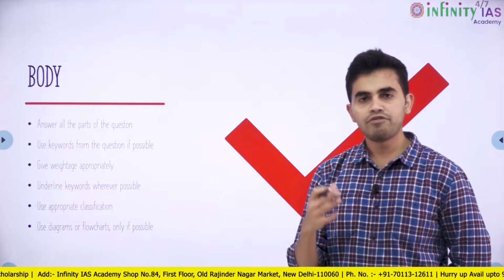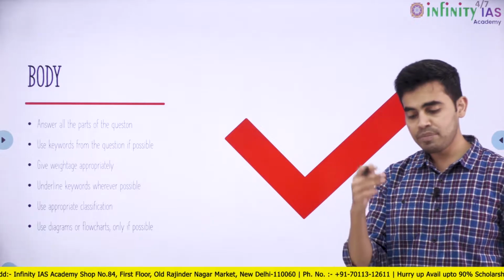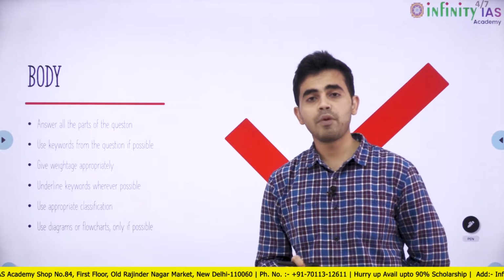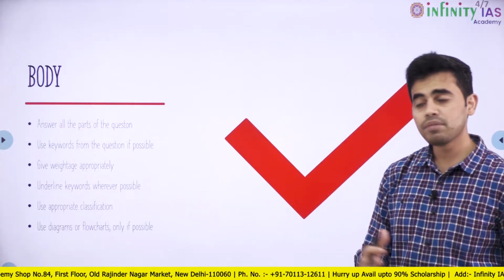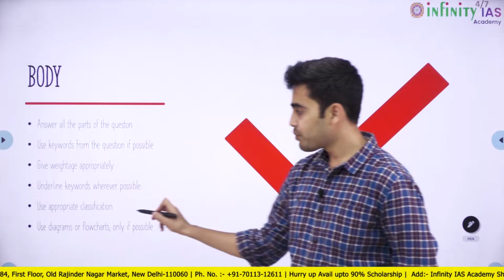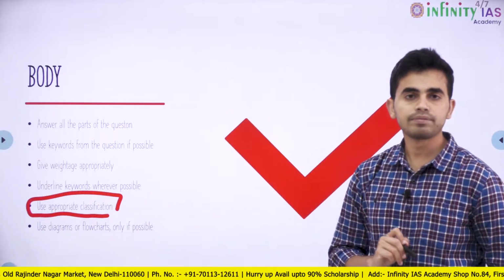Or if you haven't underlined a certain report or an index, he might have missed it while reading. But if you underline, he knows that it is important and that will help him easily evaluate your answer and give more marks.